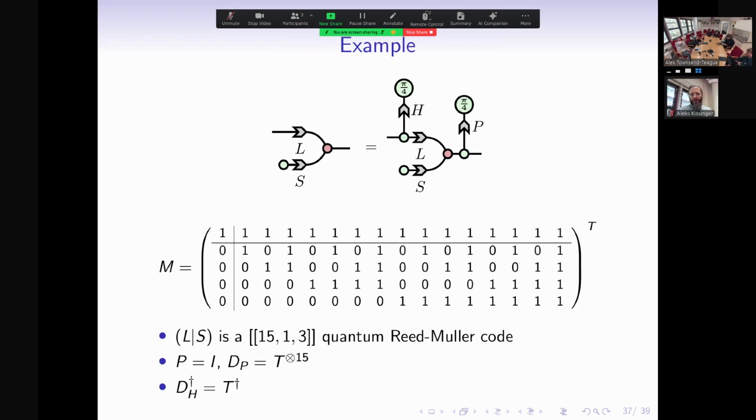A couple of examples of this. This is the 15-1-3 Reed-Muller code that people use for magic state distillation. Up here, I can read that my one logical qubit has a T gate on it. And these are the stabilizers and logicals of this code. I think you should read it this way because it's transposed.